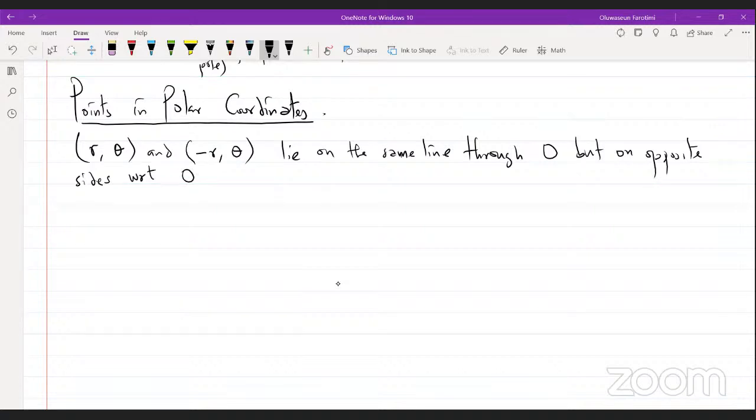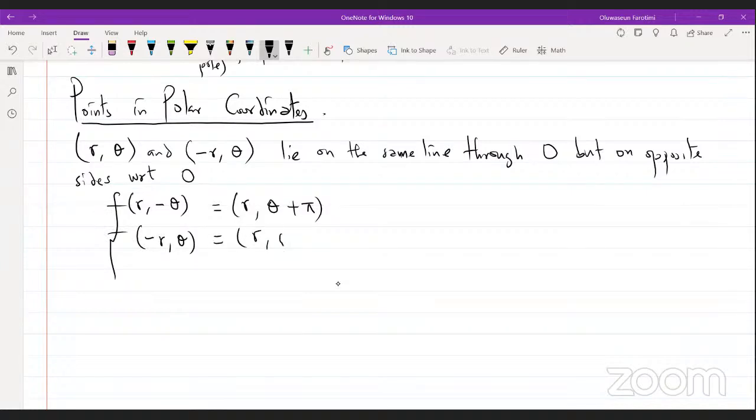All right, so I need to let you guys know some equivalent definitions. When you have r, negative theta in polar coordinates, this is the same thing as negative r, theta plus pi. This is some kind of trigonometric equivalence.